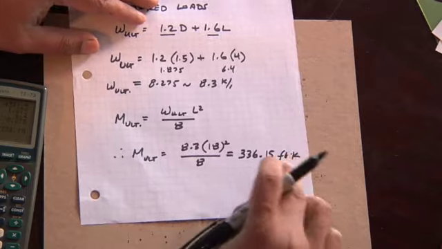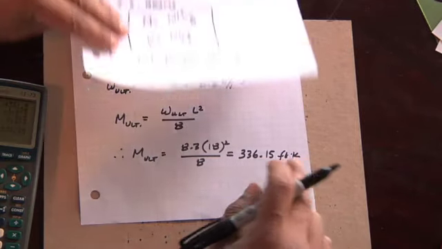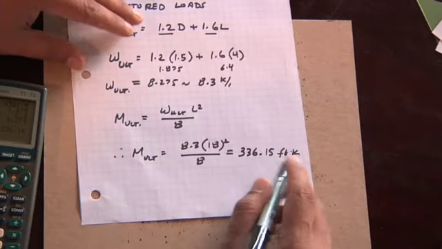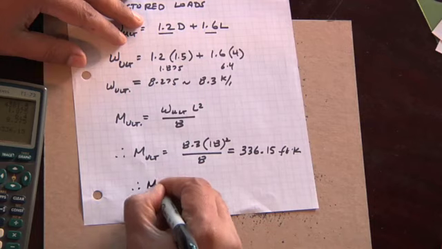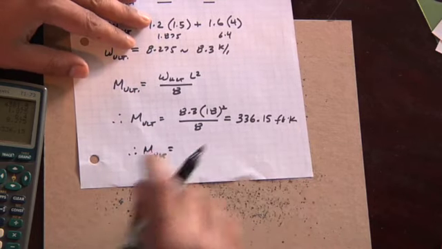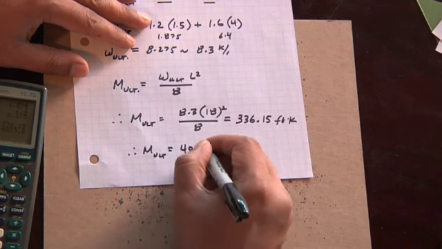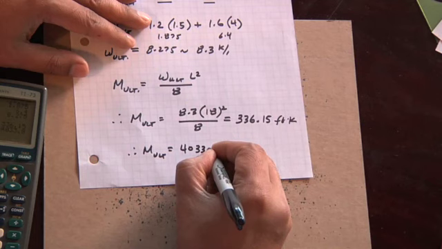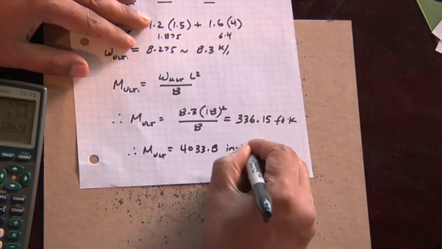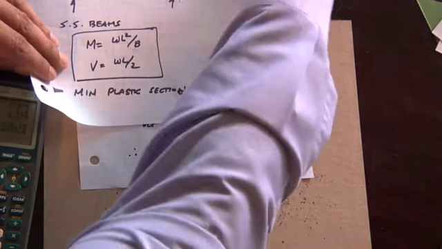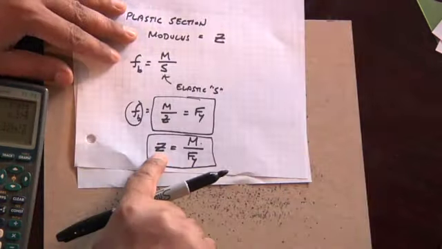We're going to convert that unit-wise because our yield strength is in KSI. We have to watch the units. So we're going to convert that into inch kips, 336 multiplied by 12, which gives 4,033.8 inch kips. That's our ultimate moment. That's the moment that we're going to plug into this formula for the section modulus.